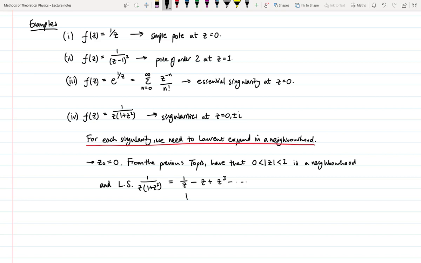We can immediately read off from the most negative power in the Laurent series that z0 equals 0 is a simple pole.